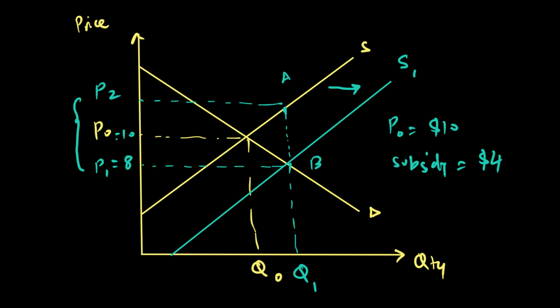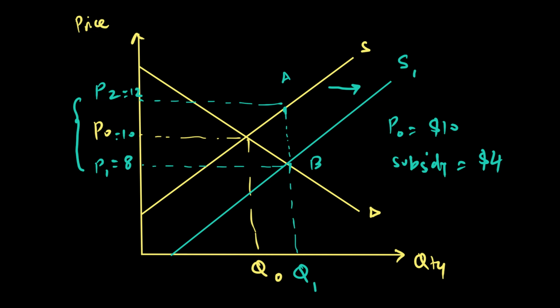While consumers are paying only $8, with the $4 subsidy, so 8 plus 4, producers are getting 12 in the end. 8 from the consumer, 4 from the government, making it 12. So in this case, you can see that both consumers and producers are benefiting because the price has gone down from 10 to 8 for the consumers, while producers were getting 10 before and now they're getting 12.